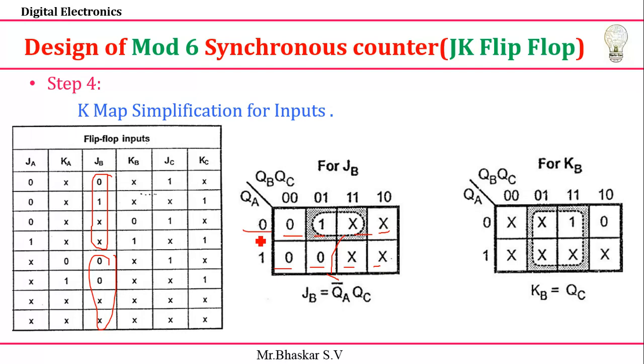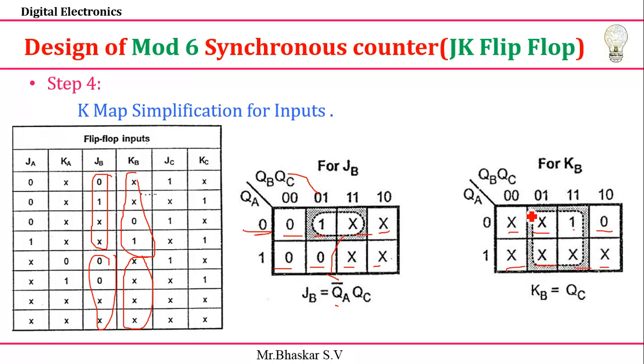You can see here QA value is 0, so I'll get QA bar, and the common term between these two is QC, so QA bar dot QC. When it comes to KB, you can see the value I'll get is XX01. While writing, be careful. Write XX, 0, and come back here to XX01. The remaining ones are all XX, so XXXX. This is the value I'm getting.